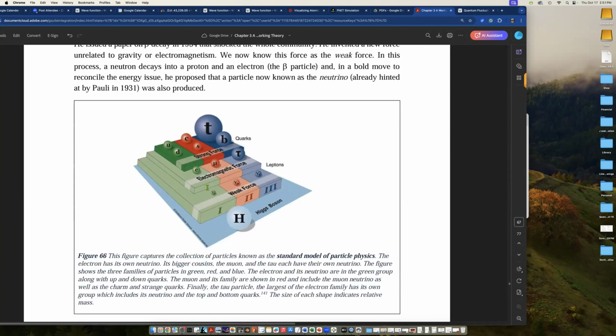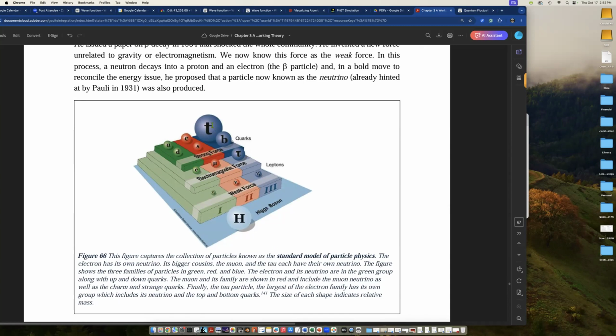Here's another depiction of the electron family. So we have the electron, which has a certain mass and charge, the muon and the tau. And then these quarks, the up and down, are associated with this family, sort of in green. The charm and strange quarks, the muon and the muon's neutrino, are in another group.